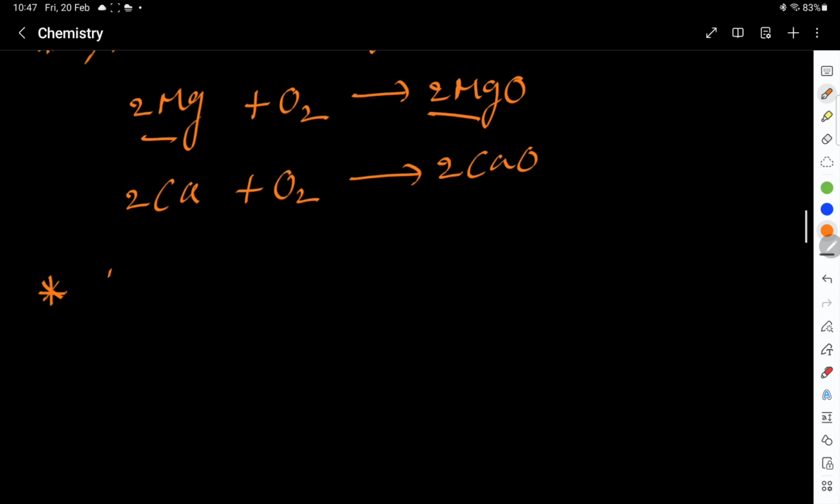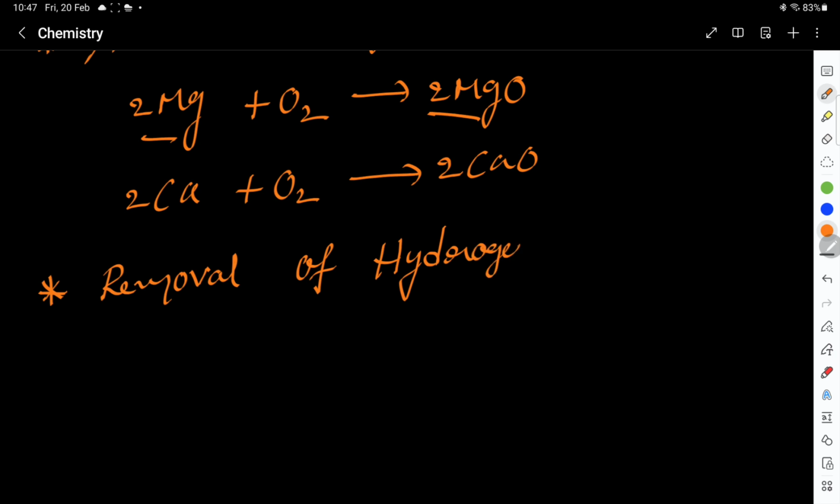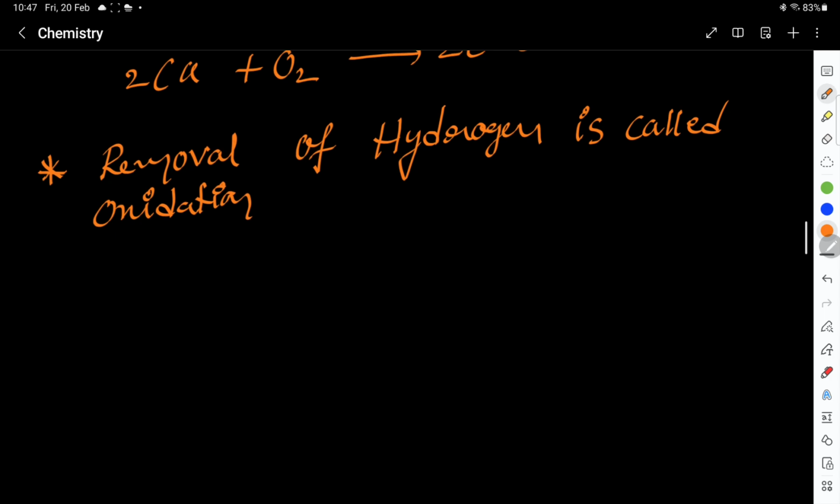Next, removal of hydrogen is called oxidation. How can we say that removal of hydrogen is called oxidation?